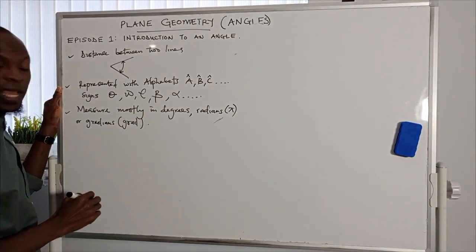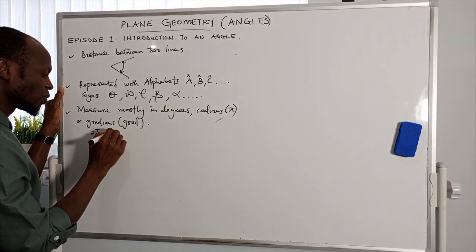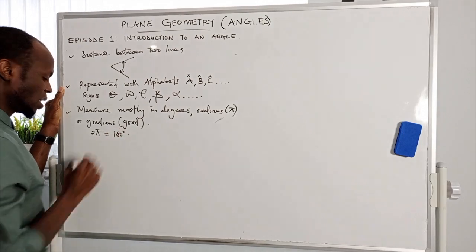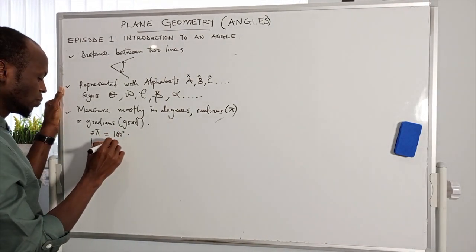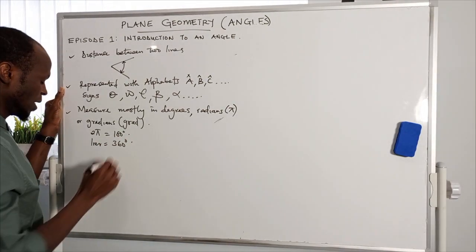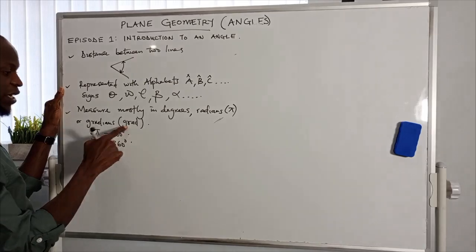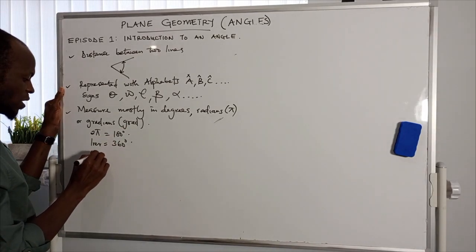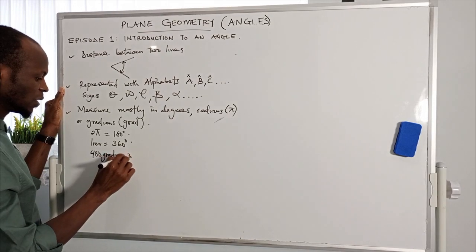Okay, that is why 2 pi is equivalent to 180 degree, and we have our one revolution to be equals to 360 degree, and we can still represent, don't forget grams, 400 gram is equals to 360 degree.